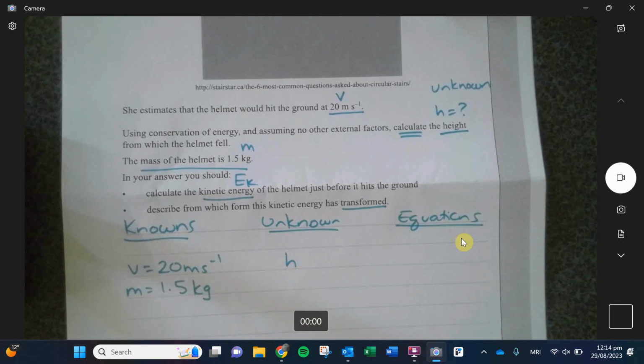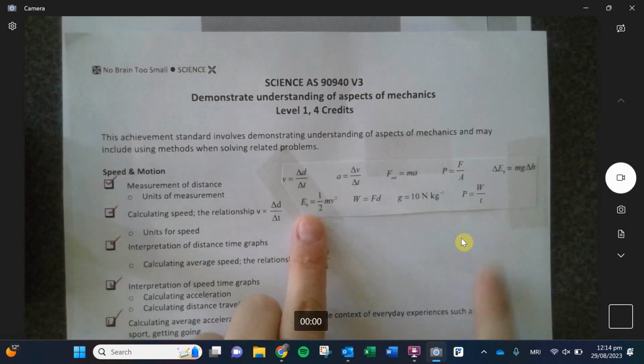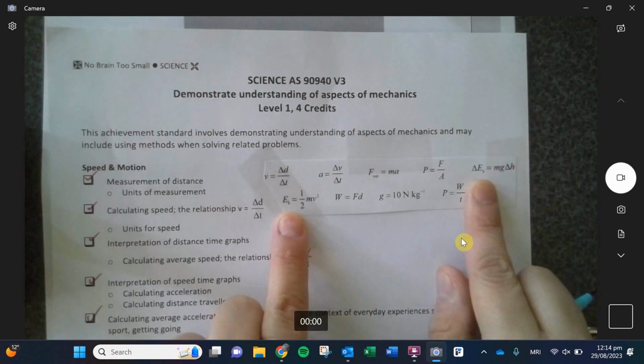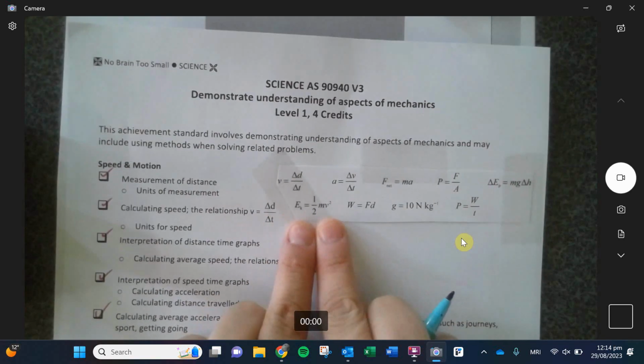And now let's look at our equation sheet to think about what equations I might want to use. In this example, you're going to be using two equations. So this is known as a two-step problem. I am looking for equations that could have the energy value, the H value, the V, and the M. So when I look here, there are two equations that talk about energy. There is the kinetic energy equation, which is half the mass times velocity squared.